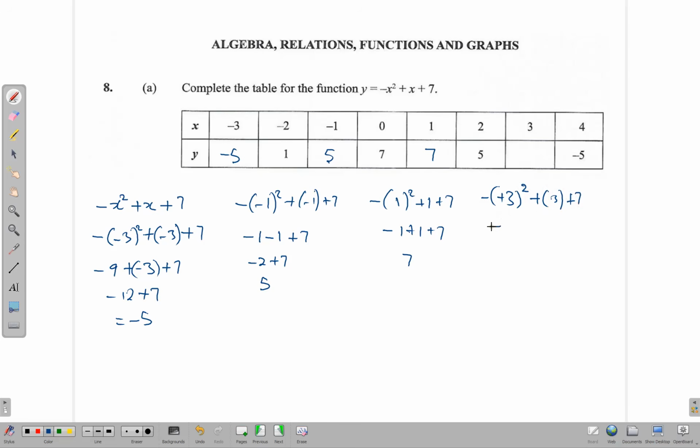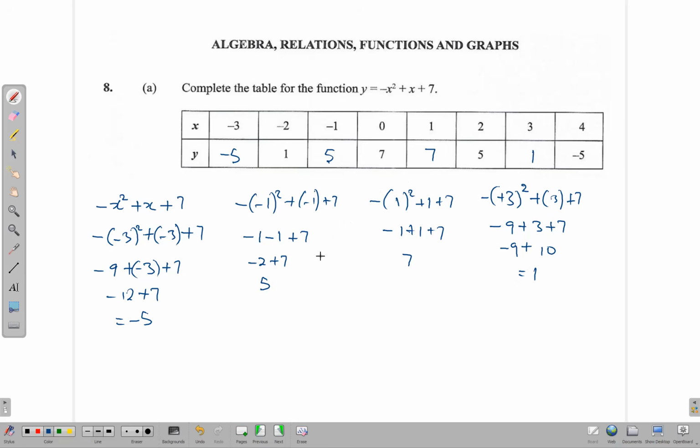Here we have a -9, 3 squared is 9, but the minus here turns it back into a negative. Plus 3 plus 7, 7 plus 3 here is 10, and so it's 10 minus 9, which gives us a positive 1. And that closes out our table of values.